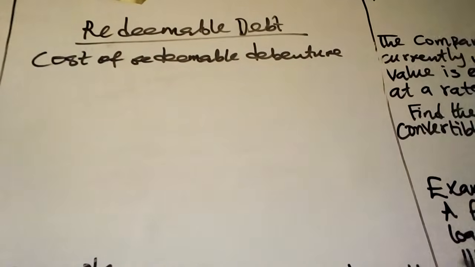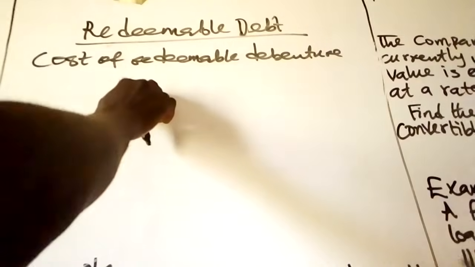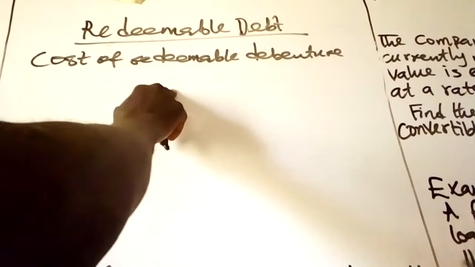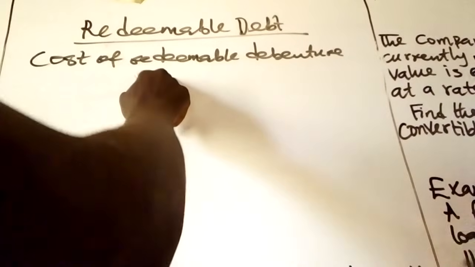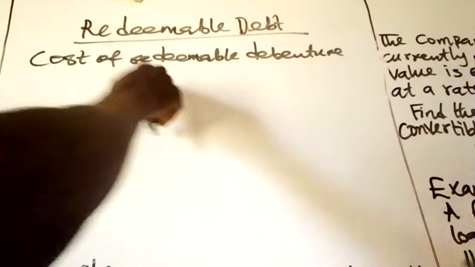Cost of redeemable debenture is the rate of interest which will be the internal rate of returns, which equates the current market value with the discounted future cash receipts of the security.